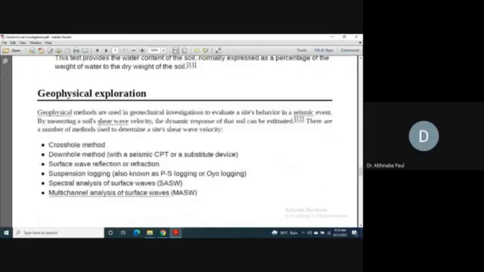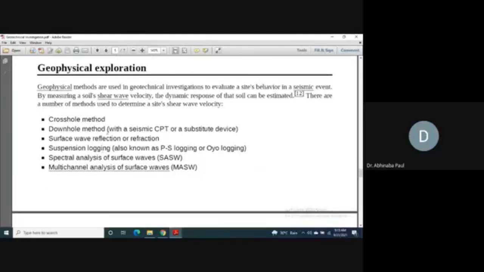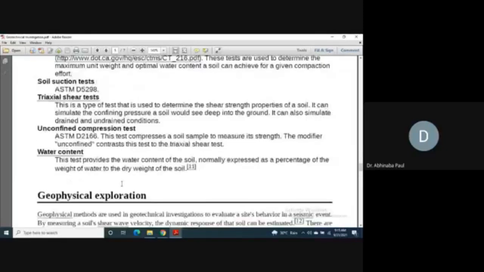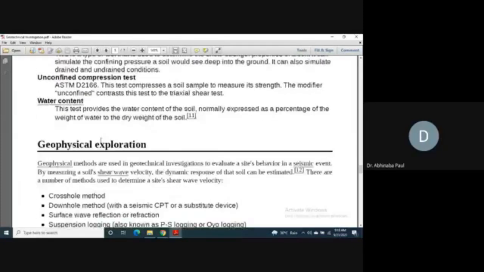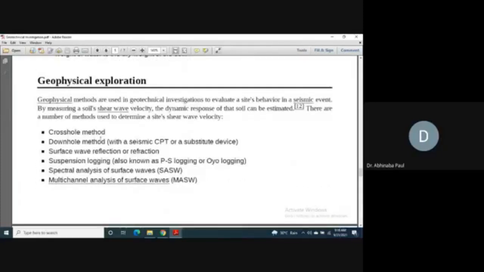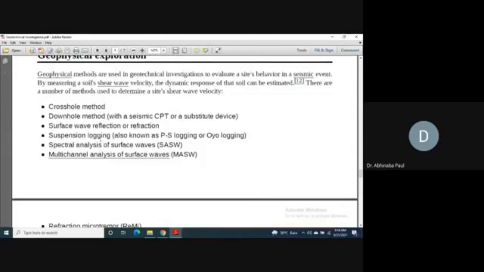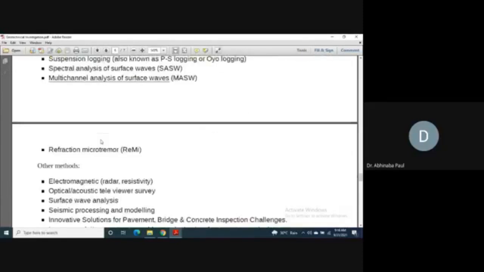And finally this is optional actually. In many of the large projects, big kinds of projects, we go for geophysical exploration also. So geophysical is a kind of non-destructive way. Earlier we touched the soil, destructed the soil surface and dug out the soil from the bottom. But in geophysical we don't need to do anything. We just have some highly sophisticated machinery with us, and with that machinery हम लोग साइट पे जाते हैं और उसको यूज करके हम सॉइल का प्रॉपर्टी निकाल सकते हैं.